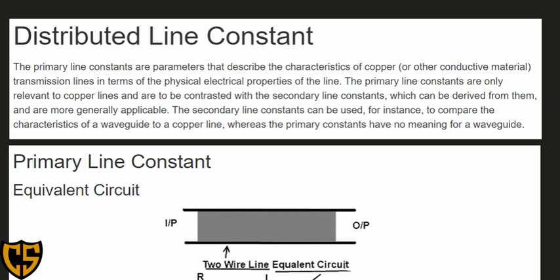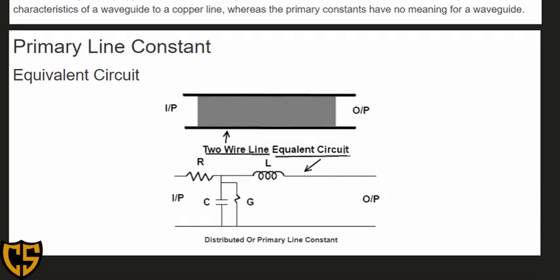So they are also determined by its physical nga mga properties, such as ang aton nga mga wire diameter or mga spacing between sa aton nga conductors. So ang mga electrical physical properties ng aton nga wire, sila man ang nag-determine sa aton nga primary line or electrical constants. So we have mga primary line constants nga kinahanglan i-consider.